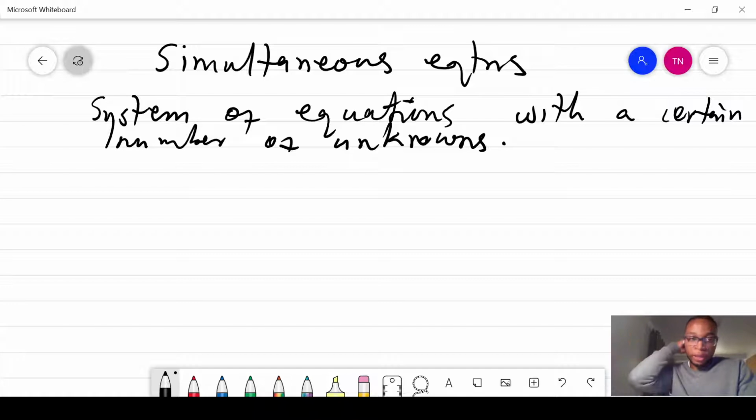I don't know the best way to define it to your level, but that's simultaneous equations.